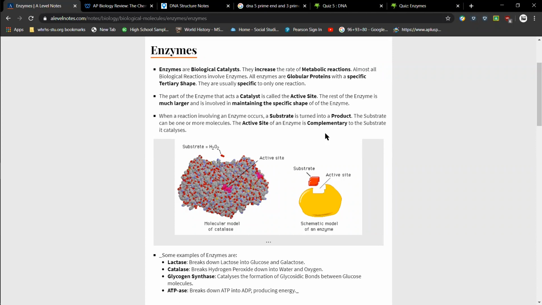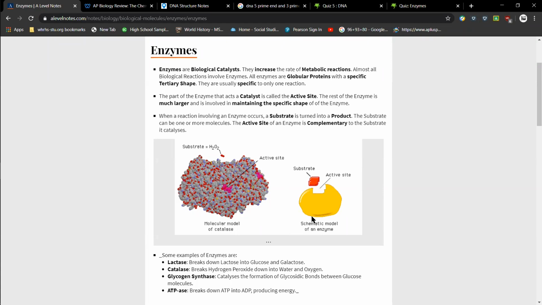Now let's get into the structure of the enzyme. The enzyme, which is the catalyst, contains a structure called the active site. In the schematic diagram, you can see the substrate, which in our case is glucose, and the enzyme, hexokinase. The glucose is going to bind to the active site of the enzyme.